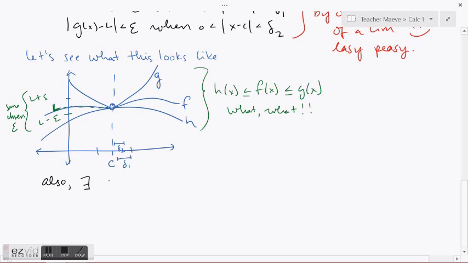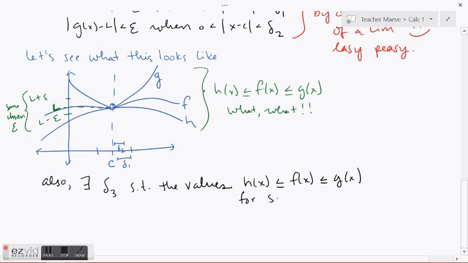Also, please note, there has to exist a delta 3 such that those values of h of x, which are less than the f of x, which are less than the g of x, those function values, those y values, within this delta 3, that interval of the delta 3 around c, the y values have to be in that order.